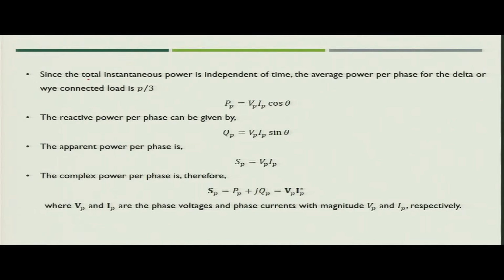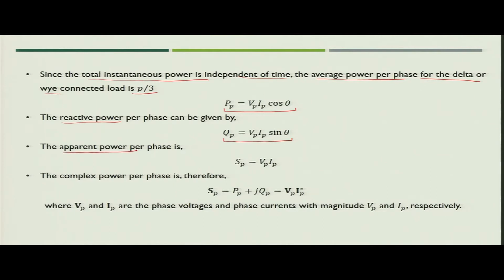Now, since the total instantaneous power is independent of time, you can say the average power per phase for a delta or star connected load will be P by 3. So, per phase real power you will get as V_P I_P cos theta. Similarly, if you calculate the reactive power component, you will get Q_P is nothing but V_P I_P sin theta.